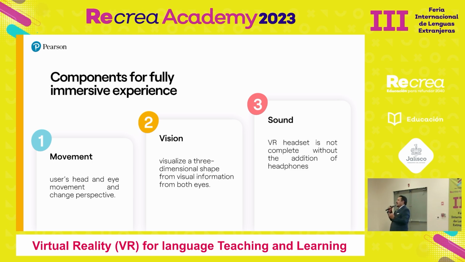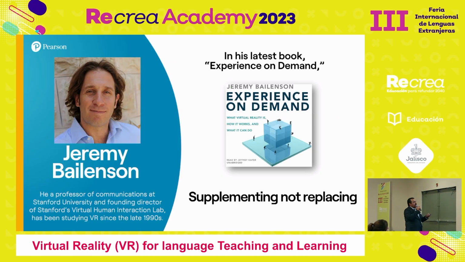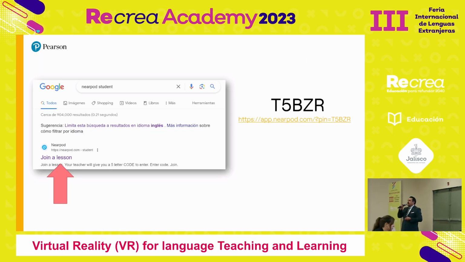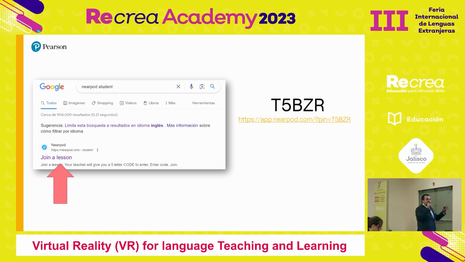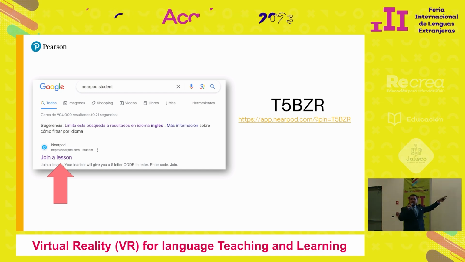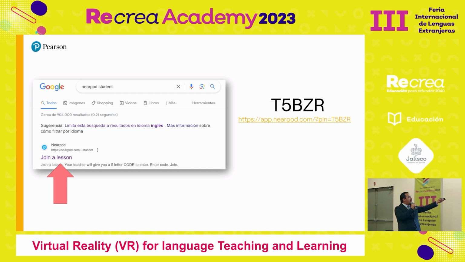But now, let's go back a little bit, because I have another activity for you, teachers. I want you to go very quickly to this Nearpod activity. The only thing that you have to do, if you have the possibility, of course, is type Nearpod students on Google. And then there is the code, because you have to join a class.